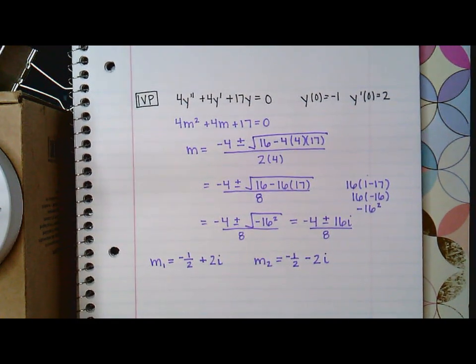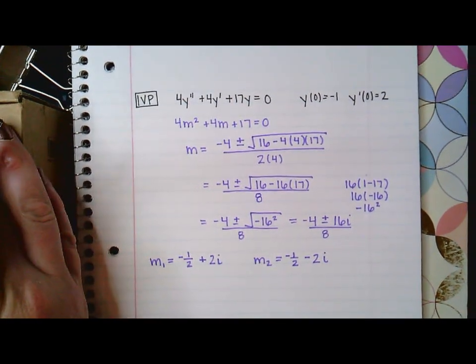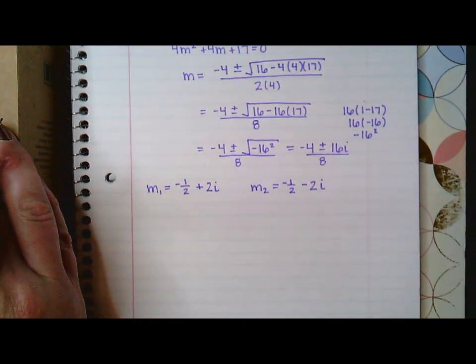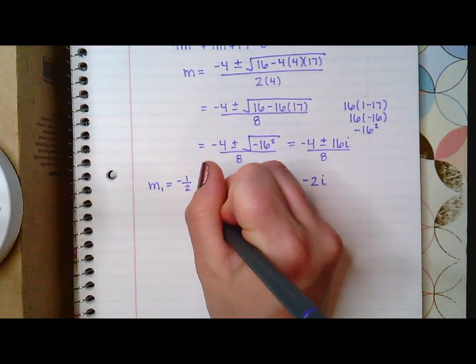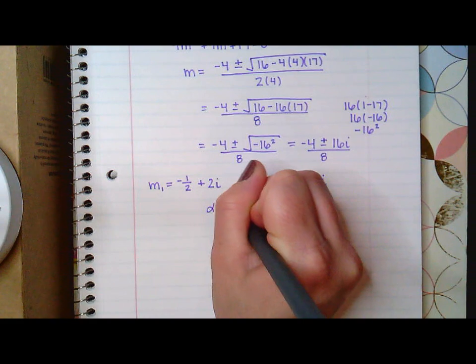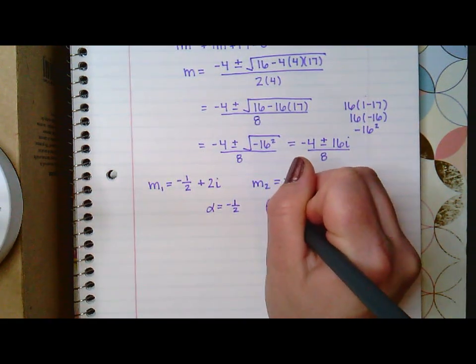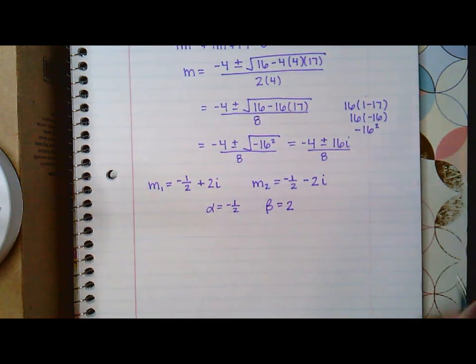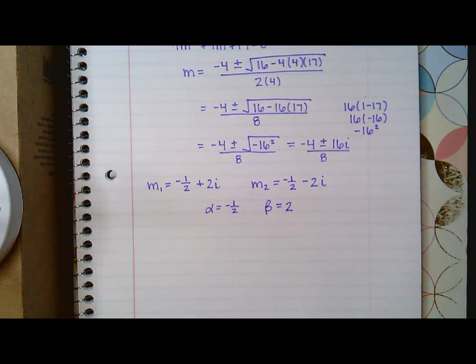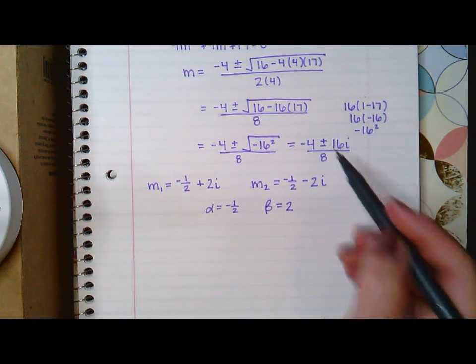Or if I combine this as a complex set of numbers, alpha is -1/2 and beta is 2. I don't worry about the plus or minus, that's part of this piece right here.